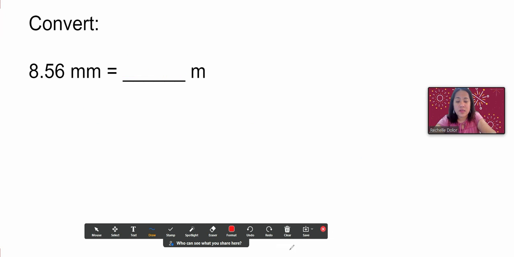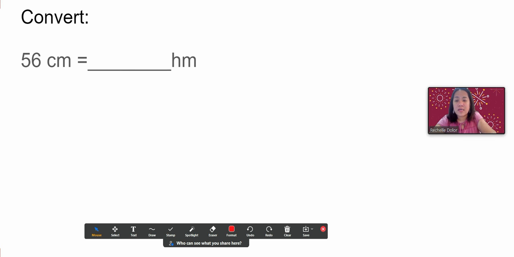Clear the screen. Move to the next slide. So hm is hectometer, okay? So still we are in length here, so we need to make sure we are copying this. So I have here 1, 2, 3, 4, 5, 6, 7.